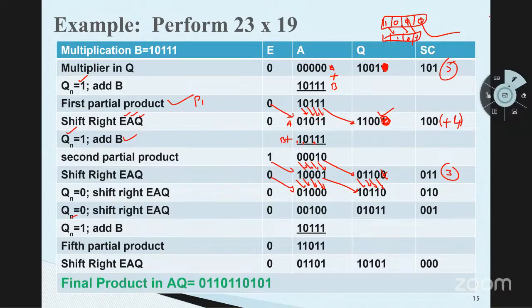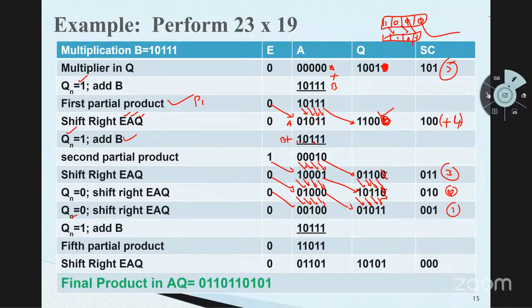Next, again decrement the counter by 1, that is 2. So now again check the Qn. What is the Qn value? 0 0 0. Qn value is 0. Again you can do the right shift operation. This can be removed. Now here the counter is 2 and here 1.